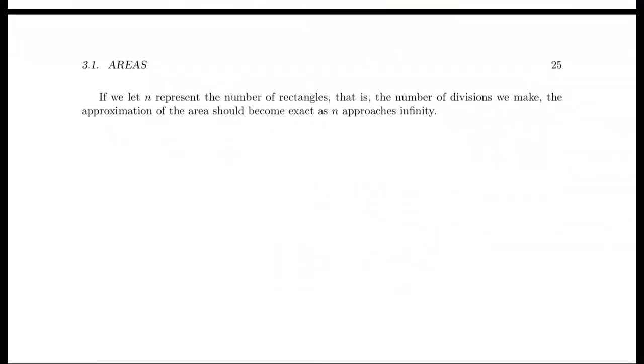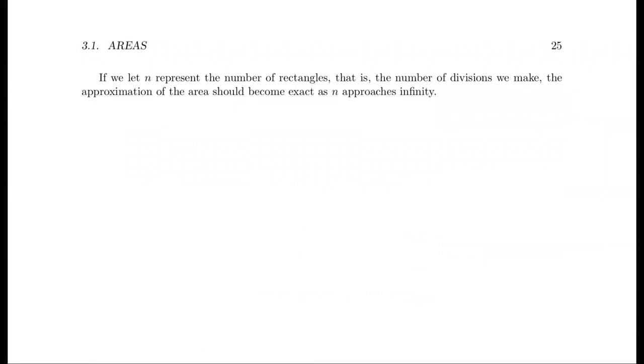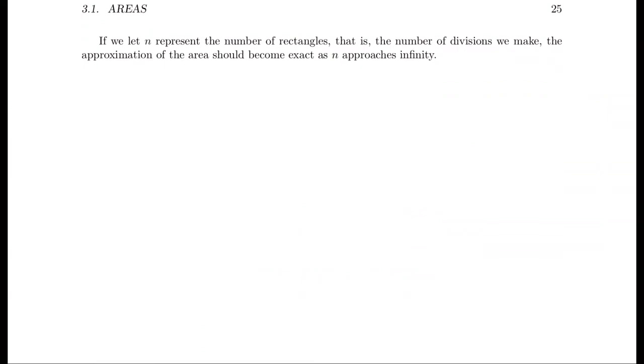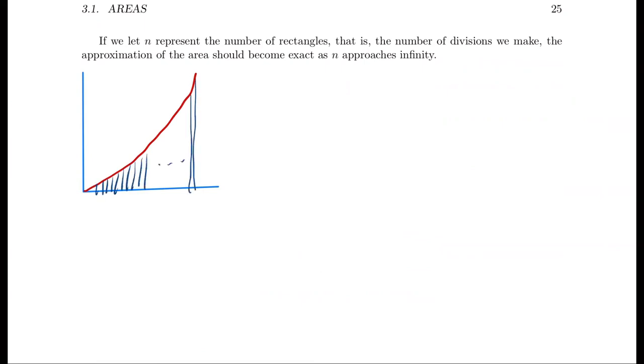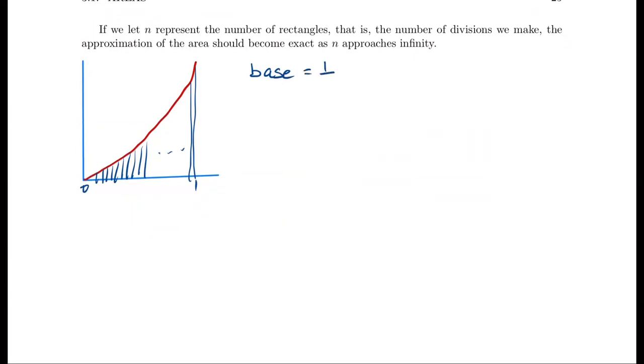However, if we let n represent the number of rectangles, meaning the number of divisions we make, then for example, once again I'm going to draw the parabola, but the simple one this time. If I break this up into n pieces, until here, and we let b be the base, then if we divide the interval between 0 and 1 equally, each of the bases will be equal to 1 over n, right?